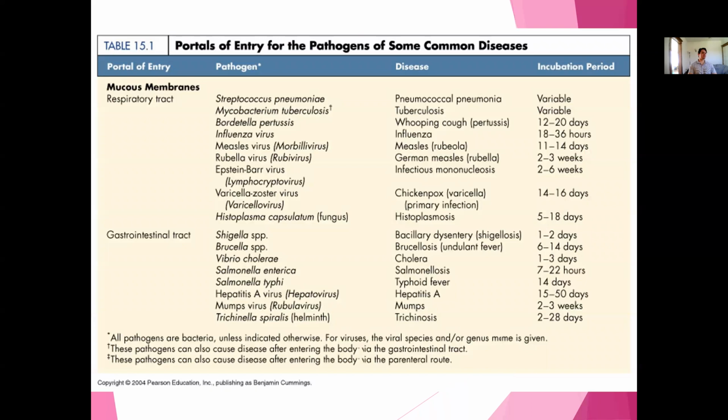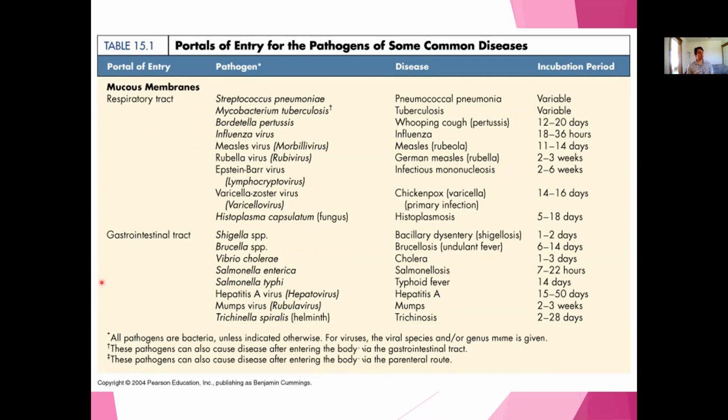So here we have some portals of entry of pathogens for some common diseases. We can see all the pathogens and the diseases they cause and how they enter the body. Here again, just as a reminder, the mucous membranes will include the mouth, nose, eyelids, the trachea, which is your windpipe, the lungs, the stomach, the intestines, the ureters, the urethra, and the urinary bladder.